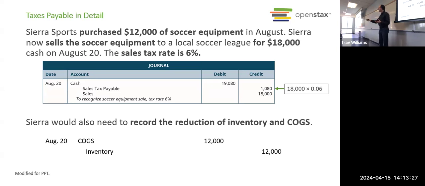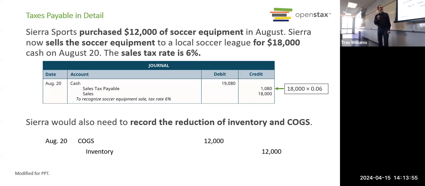When they do, they collect the sales tax from their customer, right? That's what I said is the standard practice. So if it was an $18,000 sale and the tax rate for sales tax is 6%, just multiply the amount of the sale times the tax rate, and that's how much sales tax they collected from their customer, right?